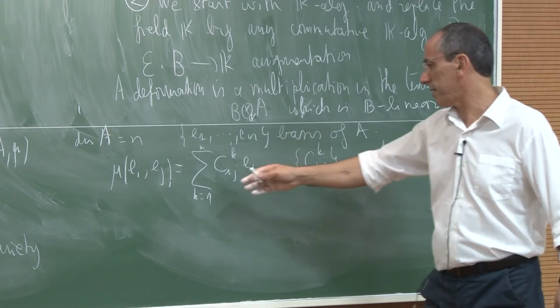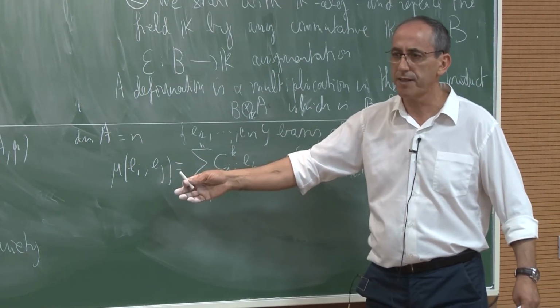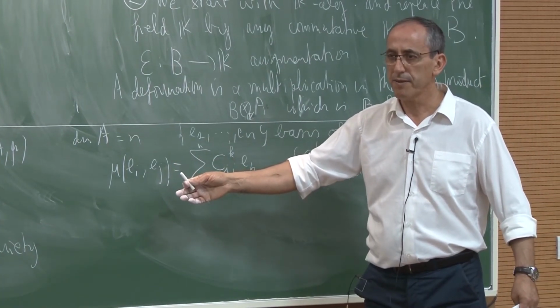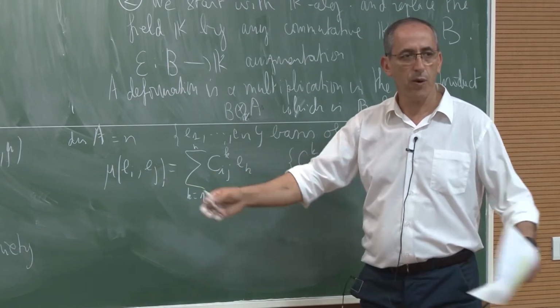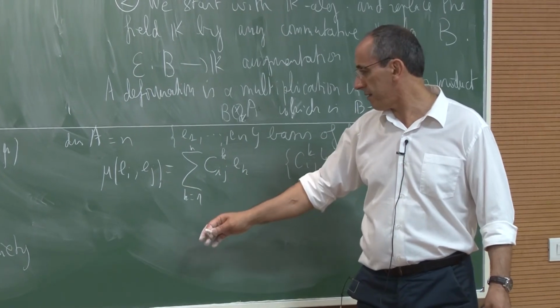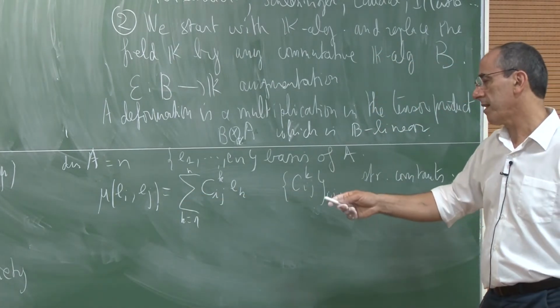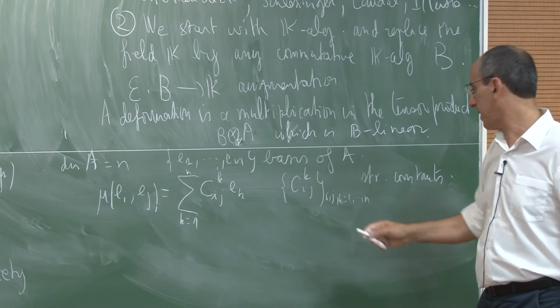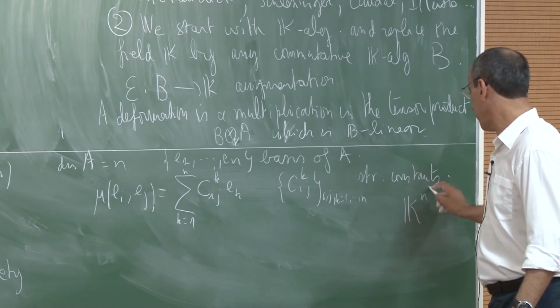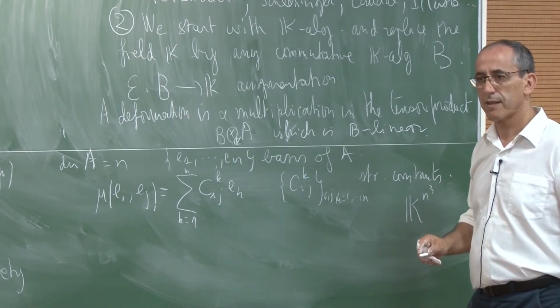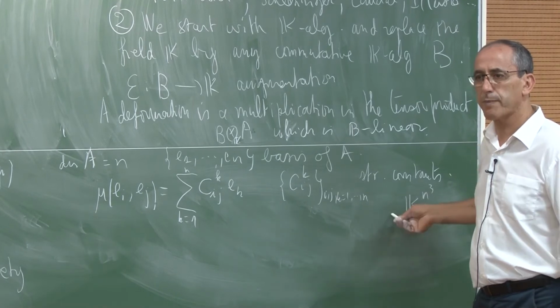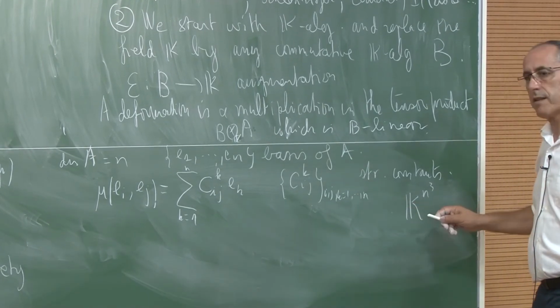This is the definition for any bilinear map, and the set of bilinear maps is embedded in k^(n^3), an affine space, by mapping to the structure constants.